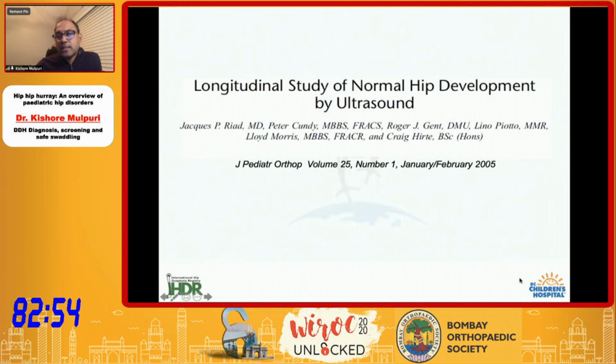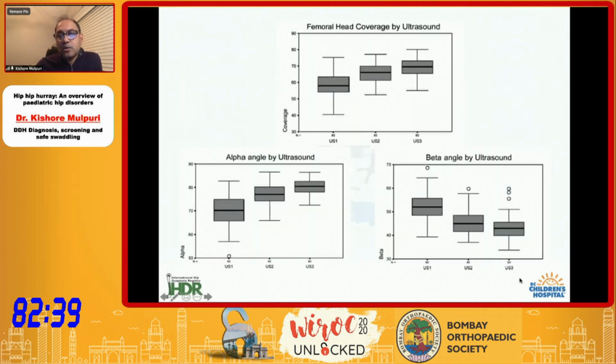It's important to understand when you actually do these ultrasounds, especially if you're looking at dysplasia, when is the right time to be looking and differentiating between apples and oranges? So this study done out of Adelaide, Australia by Jacques Riyad and Peter Cundy showed that a lot of these hips, if you actually screen them early, are immature.